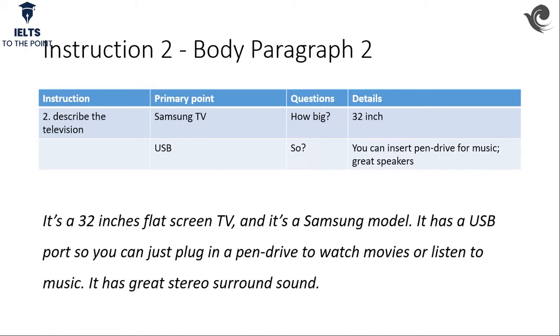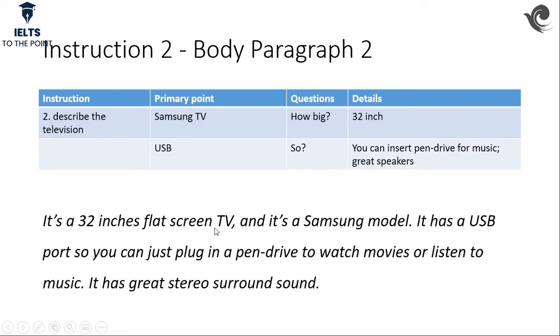Alright, so let's go to instruction 2, body paragraph 2. So the first primary point is it's a Samsung TV, how big? It is 32-inch. So don't write something like "it is a Samsung TV which is of 32 inches." Don't do that. You can simply write it's a 32 inches flat screen TV and it's a Samsung model.